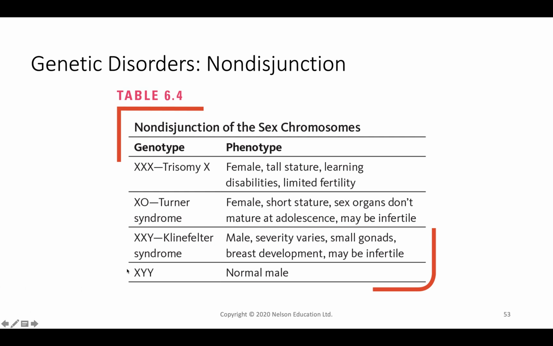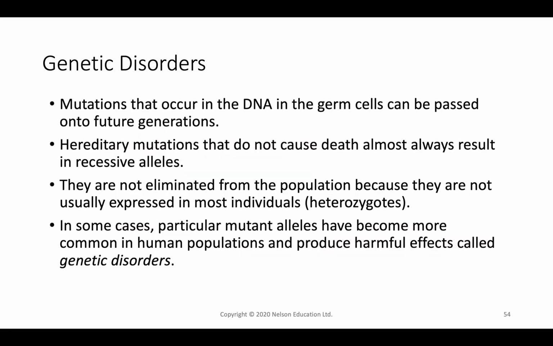However, it has been demonstrated that there is a higher percentage of XYY in prison populations and aggressive and violent offender populations than in the normal male populations outside of the prisons. And so it's possible that that extra Y is indicative of higher levels of testosterone and perhaps aggression. All right, so anyway, those are non-disjunction disorders.